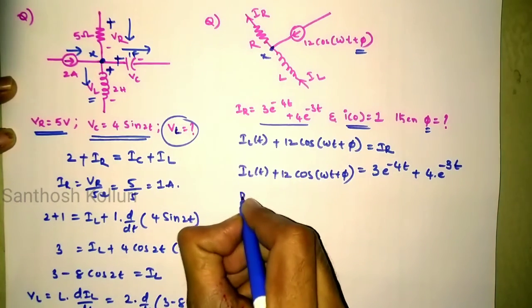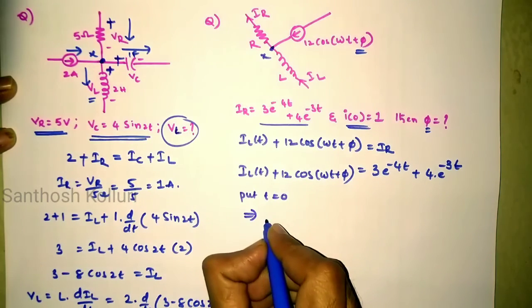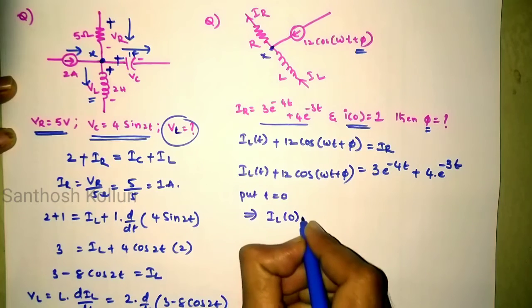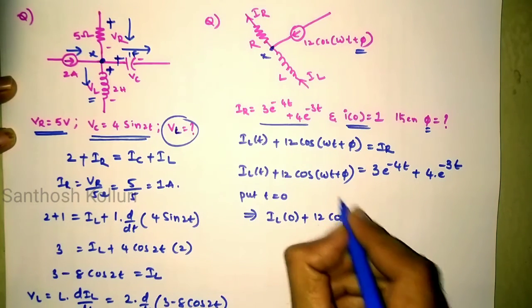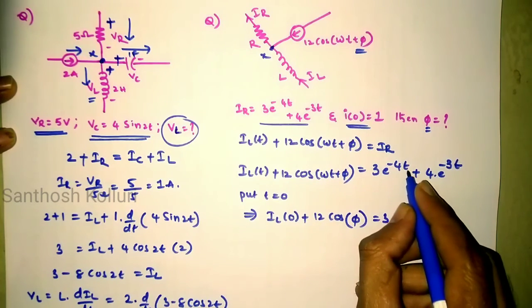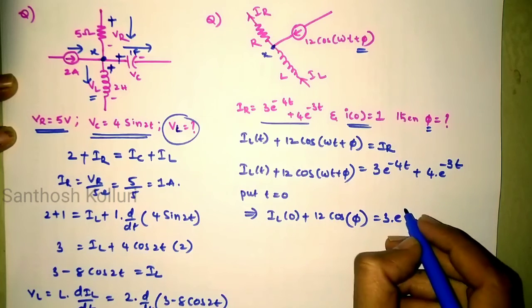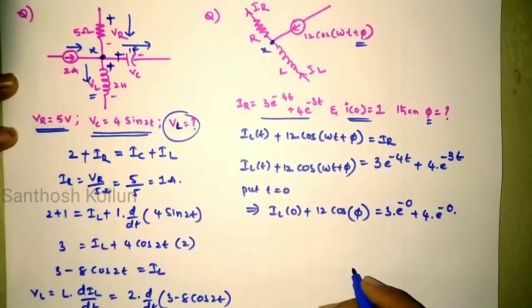So put t equal to 0. Therefore IL of 0 plus 12 cos omega t at t equal to 0, so 0 plus phi is nothing but phi, which is equal to 3 into e power of minus 4t at t equal to 0. So it can be written as e power of minus 0 plus 4 into e power of minus 0.